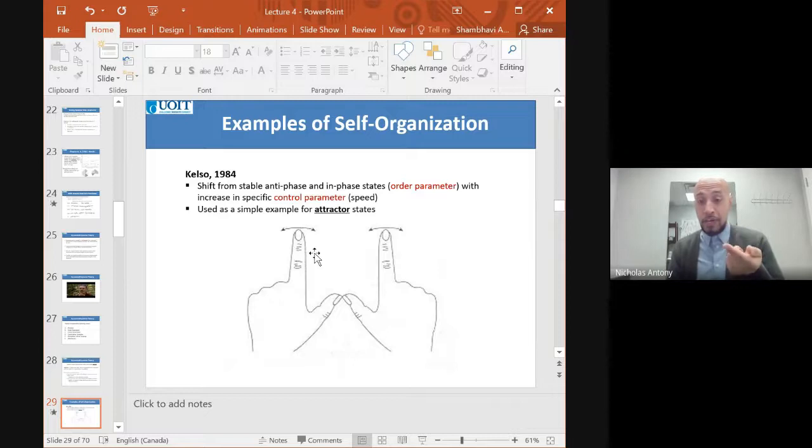You're telling your brain to go alternating, and then all of a sudden it switches and they're going in phase. Obviously, we didn't tell our brain, okay, now move together. It's the same instructions that are being sent out.